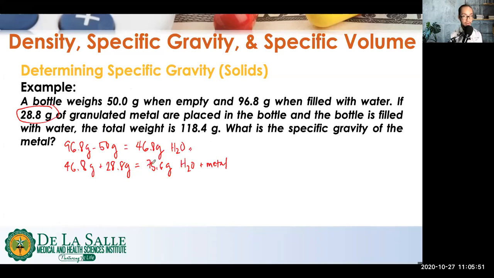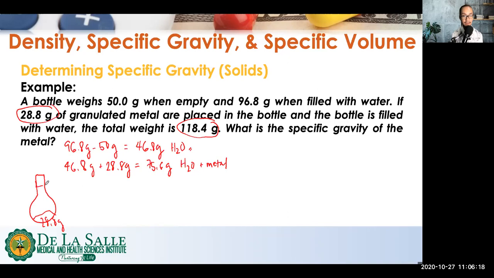Now, when you place the metal in the bottle with water, the combined weight becomes 118.4 grams. What does that mean? This is our bottle, and this is the granulated metal. Its weight is 28.8 grams.